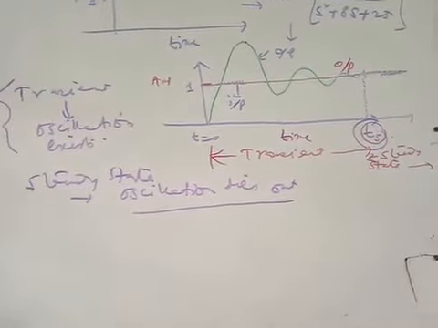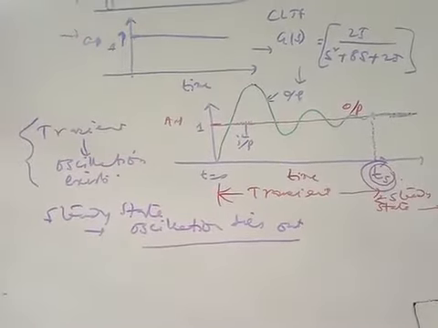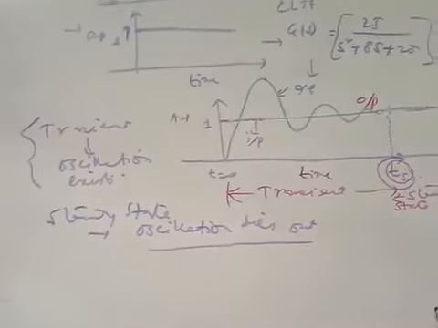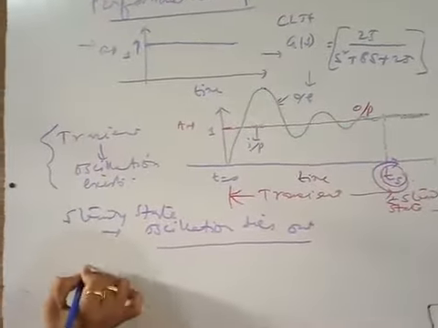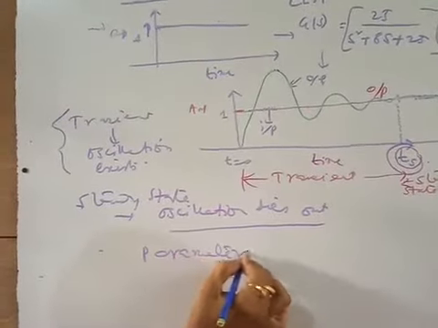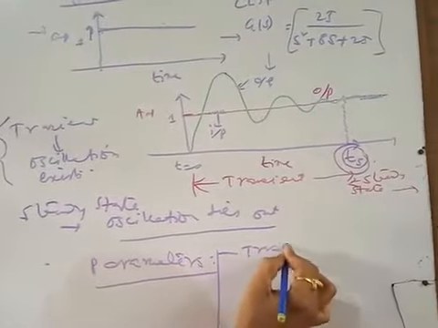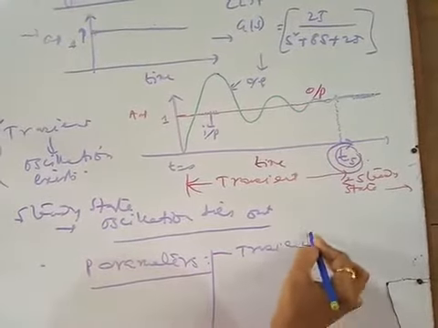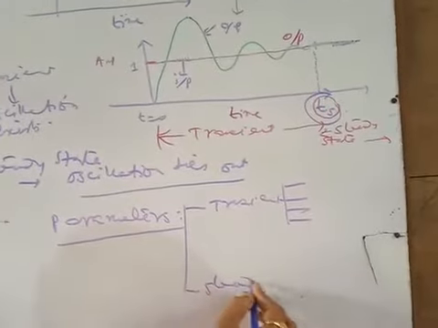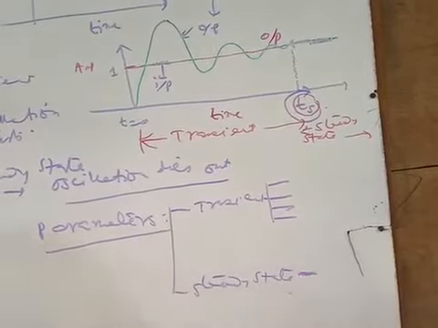And once the transient part and steady state part are defined, that means there are certain parameters which define these states. So the parameters: first, transient section. Next, steady state section, right?